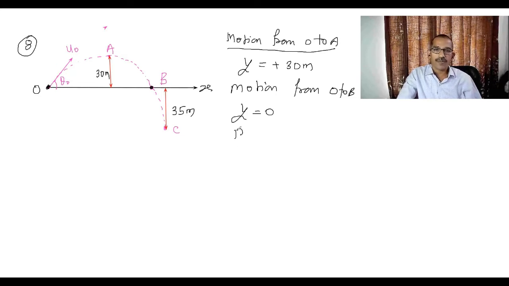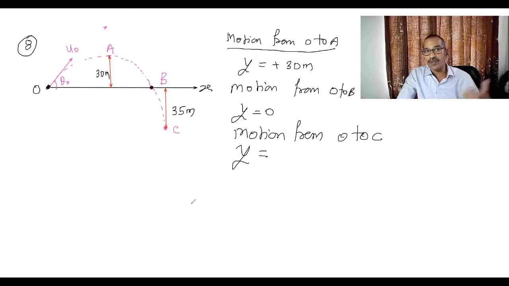And if you consider motion from O to C, now what is y? Point C is below the point of projection, below point O, and it is at a distance of 35. That means 35, there is no issue, but as it is below the point of projection, you have to substitute it with a minus sign.